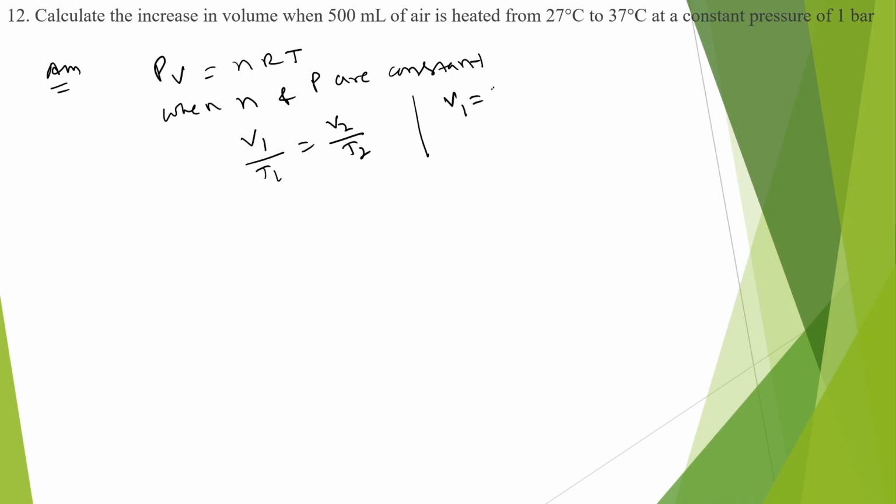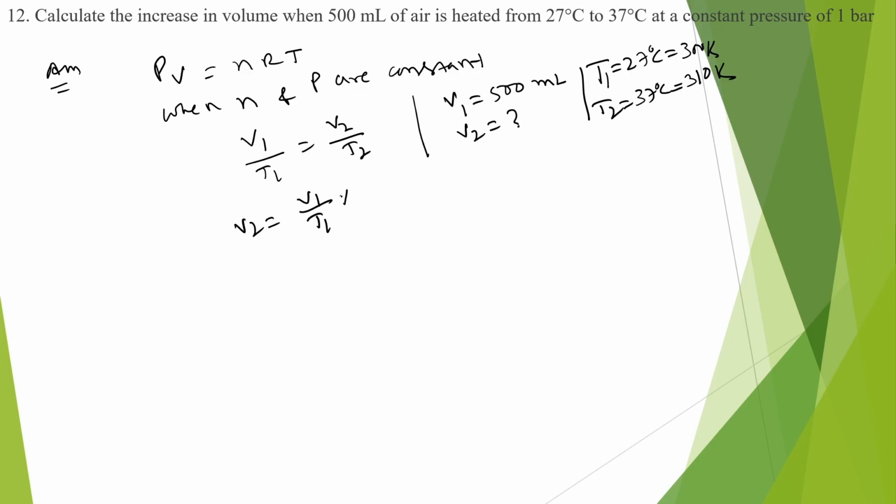So V1 is given, 500 ml. V2 we need to calculate. T1 is 27 degrees Celsius, means 300 K. T2 is 37 degrees Celsius, means 310 K. So V2 is V1 by T1 times T2. So we write 500 times 310 by 300.